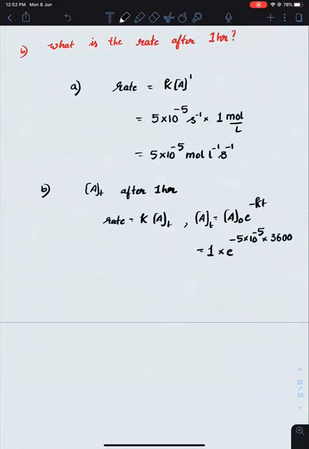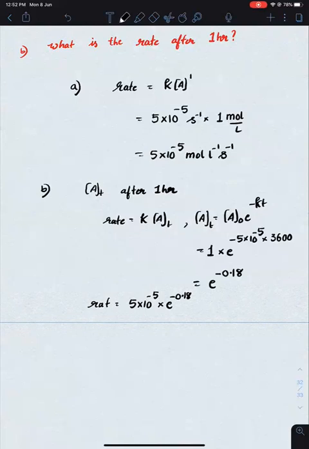Okay, so this comes out to be e power minus 0.18. Okay, so rate क्या हो जाएगा? Rate will be equals to 5 into 10⁻⁵ into e power minus 0.18. ये वाला वैल्यू हम कैलकुलेट एग्जाम में कर नहीं पाएंगे, so you can leave this here.